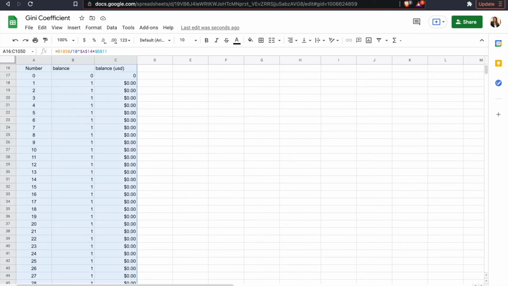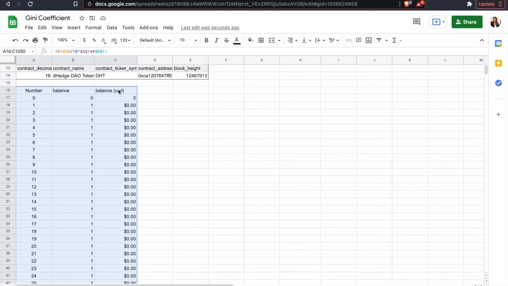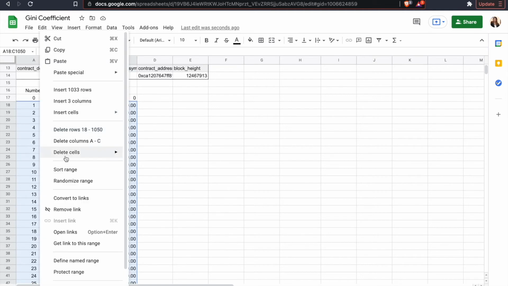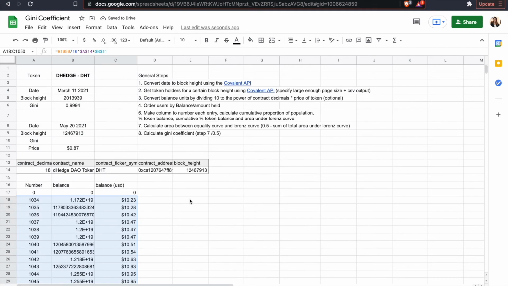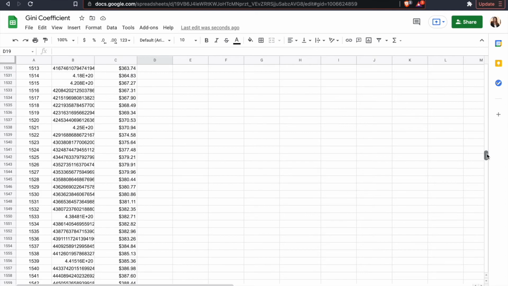So yeah, I'm just going to delete these. And then I'm going to need to renumber this. Okay, so this is our clean data. I just removed the dust wallets.